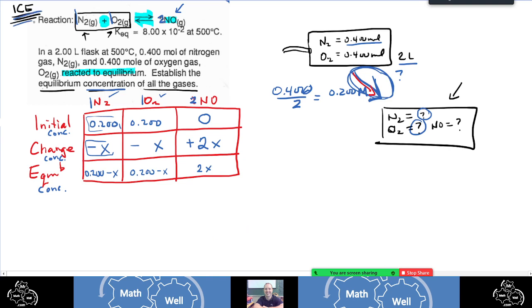So the ICE chart is very helpful because it helps us to systematically get the representations for the equilibrium concentrations. So now I have representations of what these should look like. How big this x is right here, how big that x is depends upon the actual KEQ.